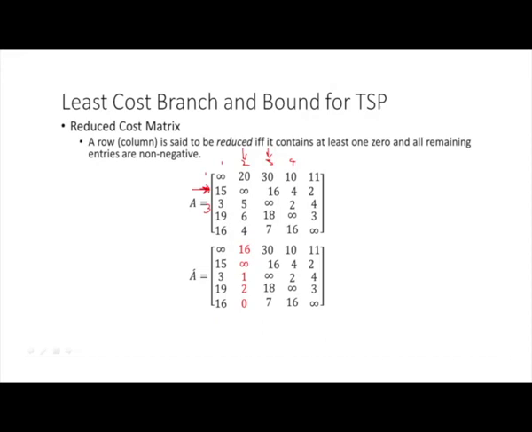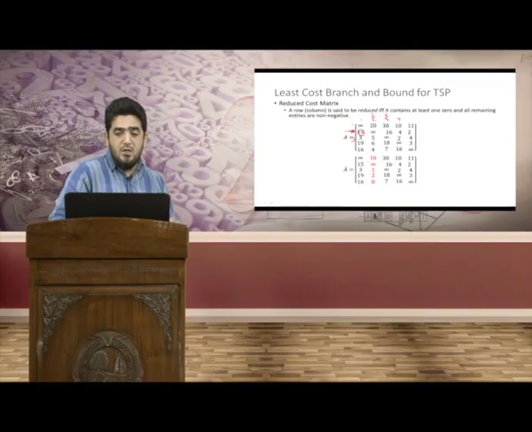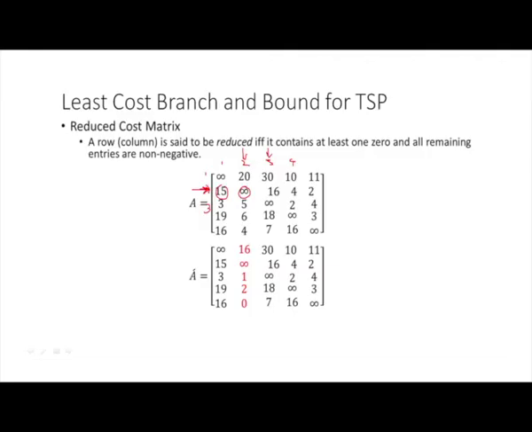So this is the cost of going to node number 1 from 2, this is the cost of going to node number 2 from 2, this is the cost of going to node number 3 from 2, so we are moving away from node number 2. So each row represents the costs associated with going away from that node, and the column represents the costs associated with going to that particular node.